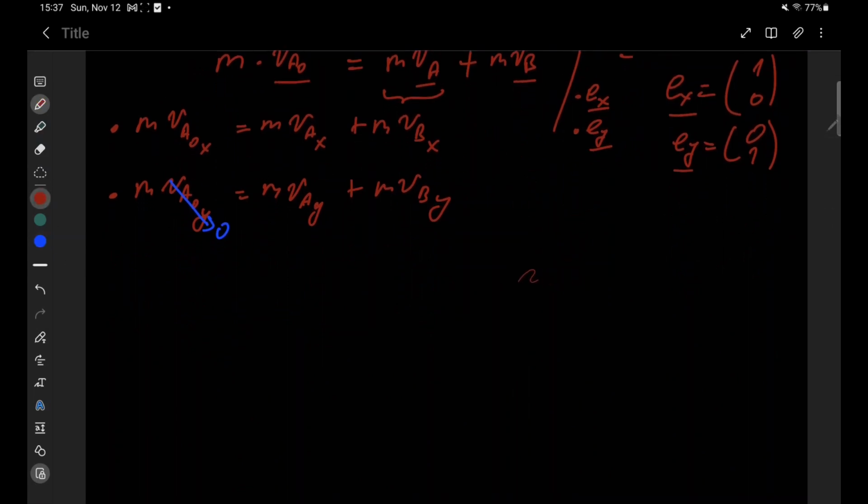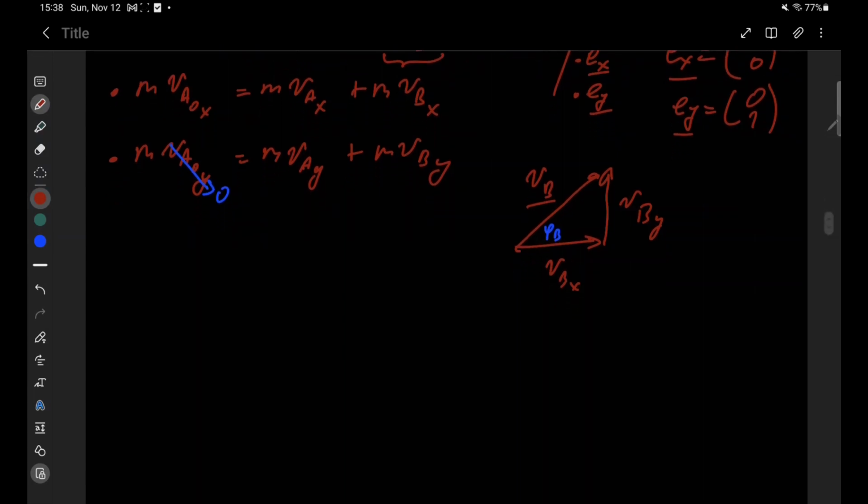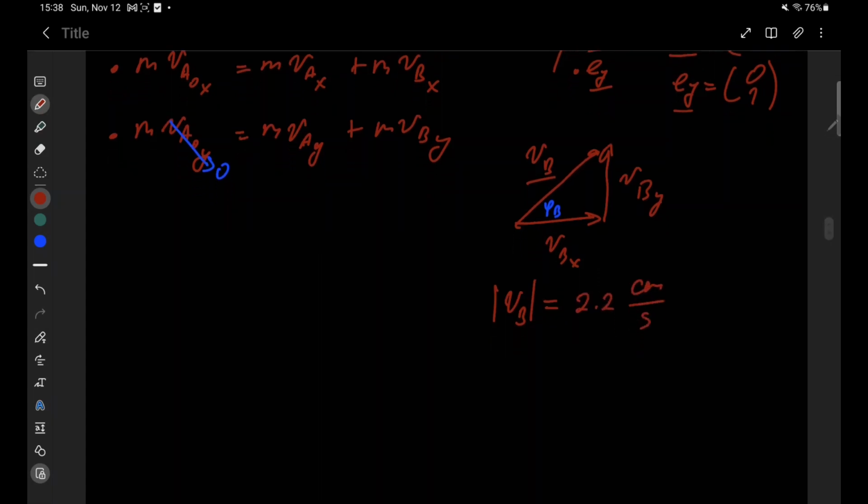So let's sketch the vector VB over the VBX and VBY. So we just decomposed this angle here, phi B. What do we know? Well, we know that the value of VB is 2.2 centimeters per second.